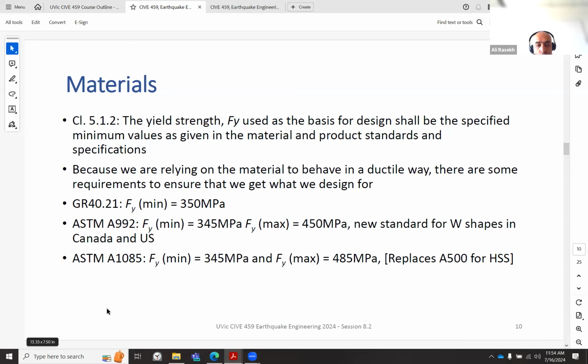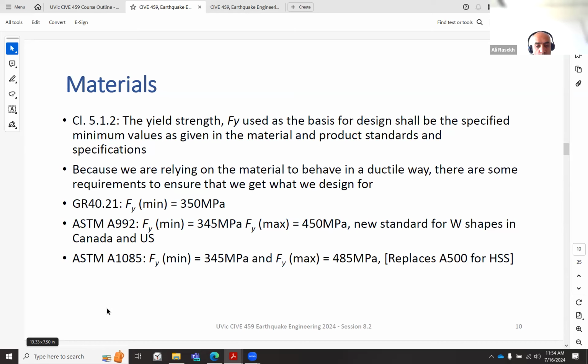Materials per clause 5.1.2: the yield strength Fy used as the basis for the design shall be the specified minimum values as given in the material and product standards and specifications. Because we are relying on the material to behave in a ductile way, there are some requirements to ensure that we get what we designed for. For grade 350W, the minimum is 350 that we use.